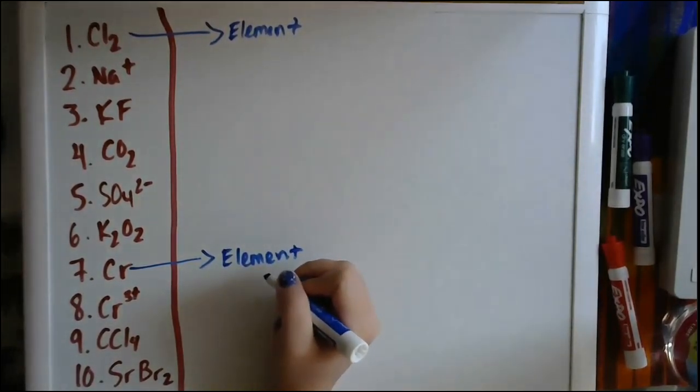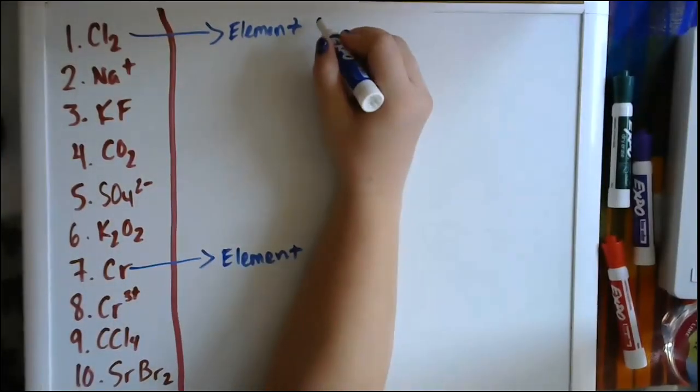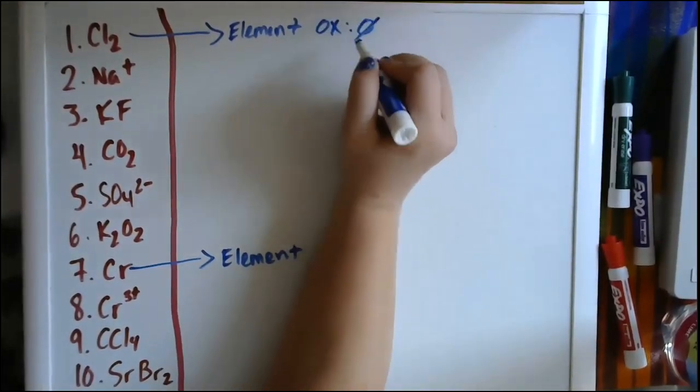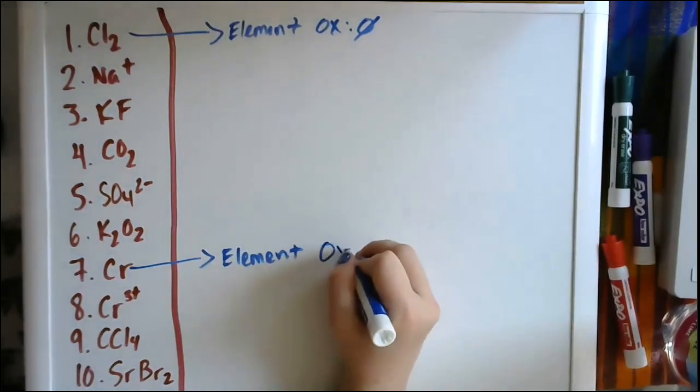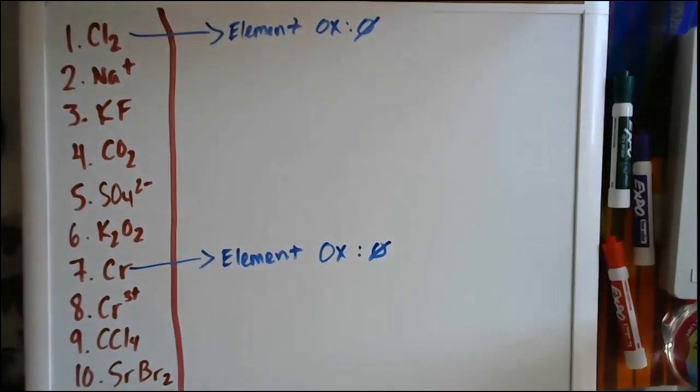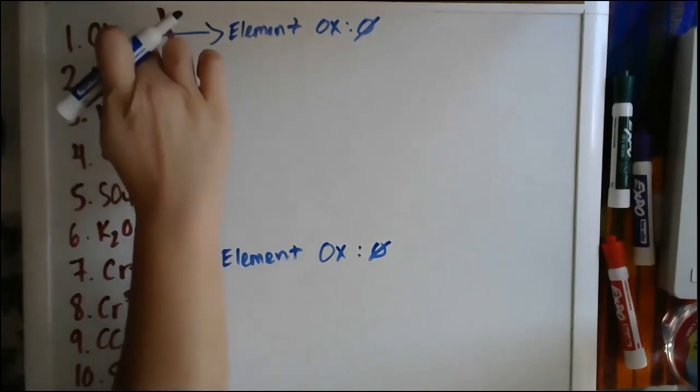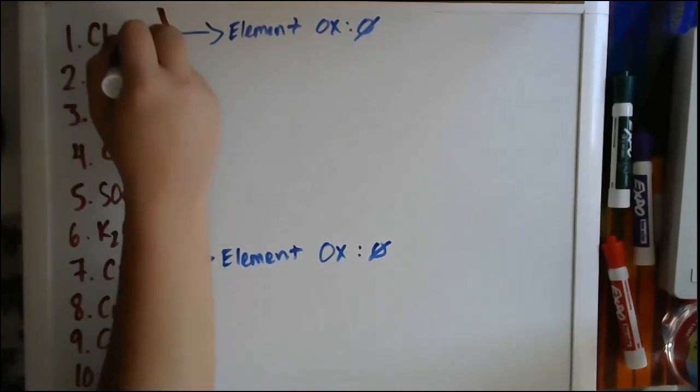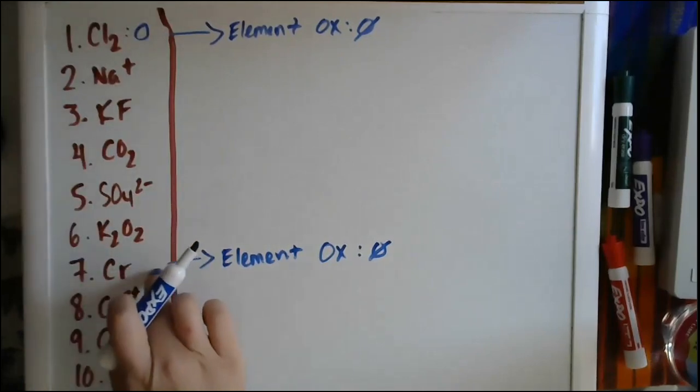Anything that is a free element has an oxidation state of 0. So both of these have an oxidation state of 0. Okay, so right away, those are 2 giveaways.